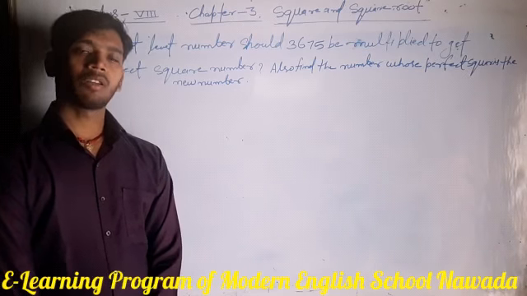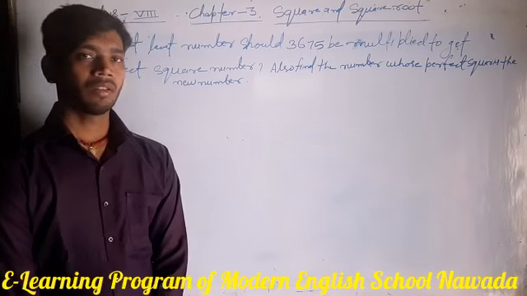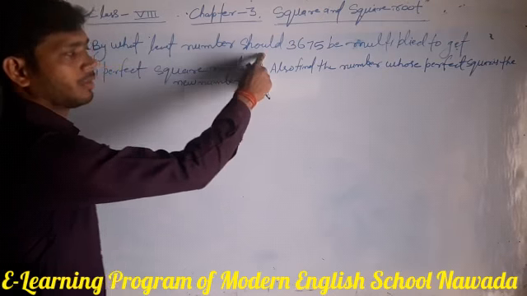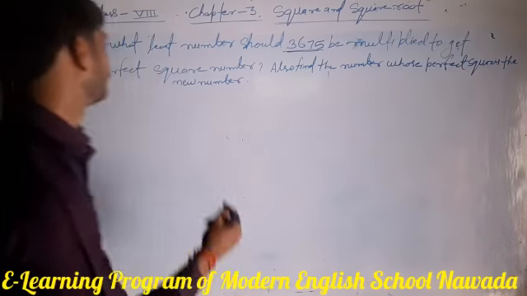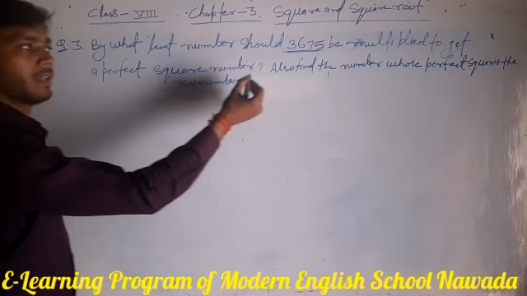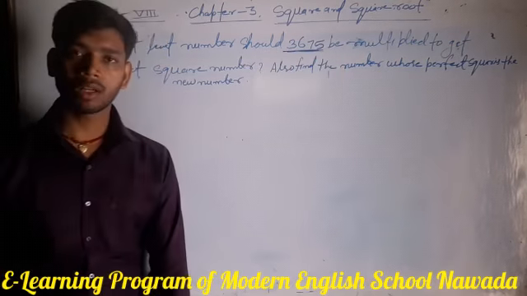Students, now I am going to discuss your third question. Your third question is, by what least number should it be multiplied to get a perfect square number? That means first of all find whether it is a perfect square.